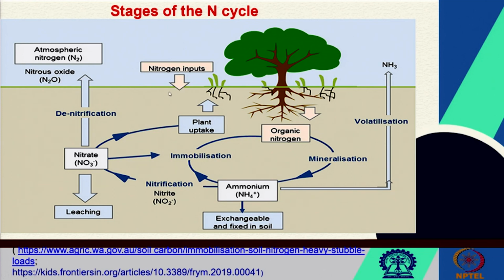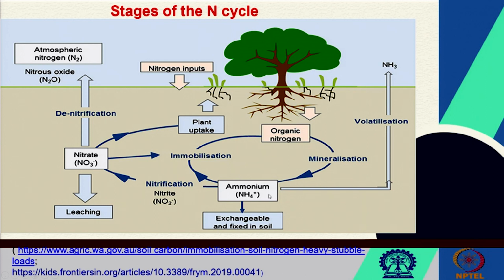We have discussed this in detail, and then from there we have plant uptake, and also the organic form of nitrogen gets converted into inorganic forms by the mineralization process, and we get the ammonium. This ammonium form is either exchanged and fixed in soil minerals, or it undergoes the immobilization process and converts back to the organic form of nitrogen.